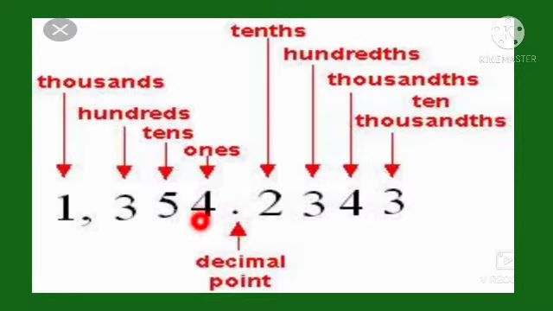In the whole part, the first digit starts from ones, tens, hundreds, thousands and so on. And in the decimal part, the first digit can be read as tenths, hundredths, thousandths, ten-thousandths and so on.